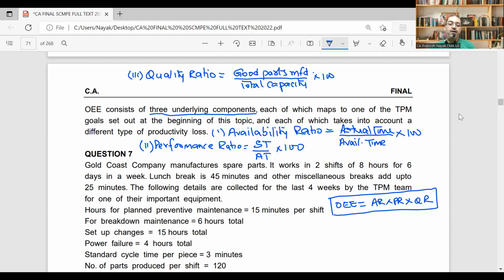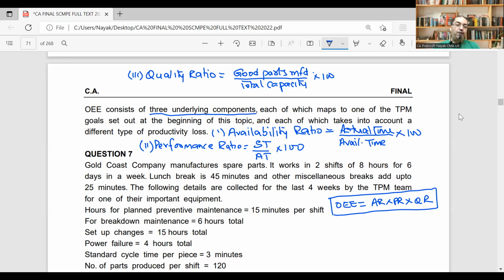Lunch break is 45 minutes and other miscellaneous breaks add up to 25 minutes. The following details are collected for the last 4 weeks by the TPM team for one of their important equipment. Planned preventive maintenance, 15 minutes per shift. Breakdown maintenance, 6 hours total. Setup changes, 15 hours total. Power failure, 4 hours total.